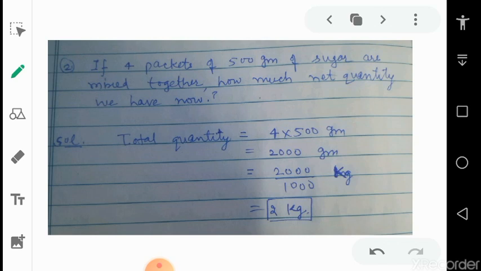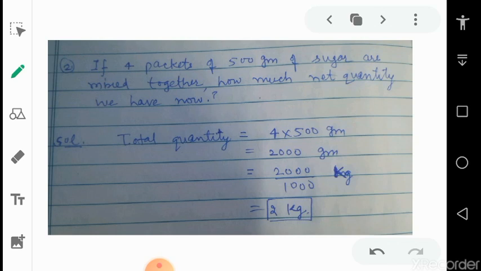So 4 packets are there, then if we calculate the total amount, it will be bigger than 500 gram. So we will multiply 500 by 4, that is 2000 gram, but it is not the final answer, as we have to convert the gram into kilogram.